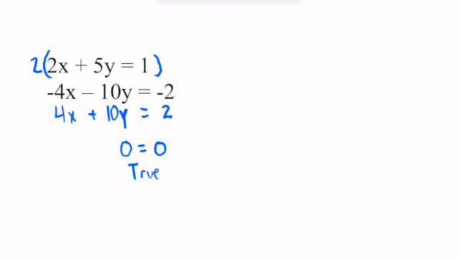This system is the sort of system we looked at when we were graphing, where you graph the first line and then the second line turns out to be another copy of the first line right on top of it. Here we would say there is an infinite number of solutions, or you can say infinitely many solutions.